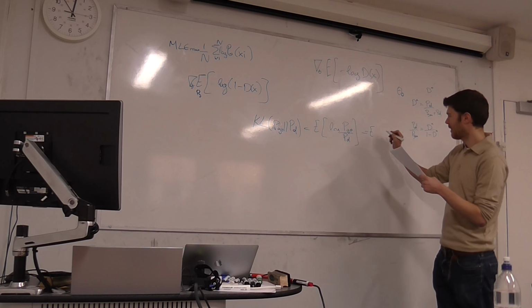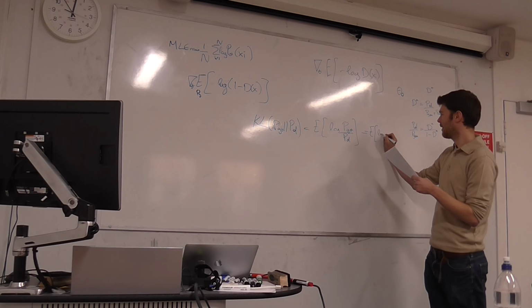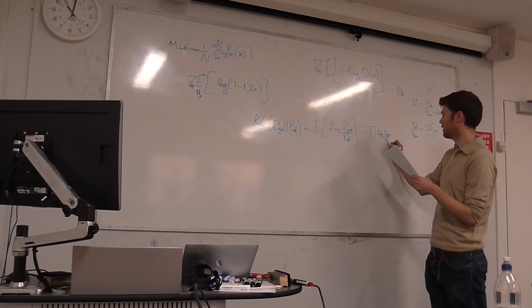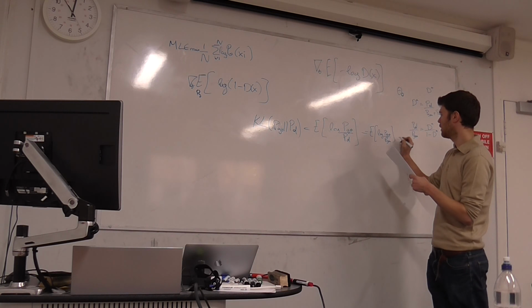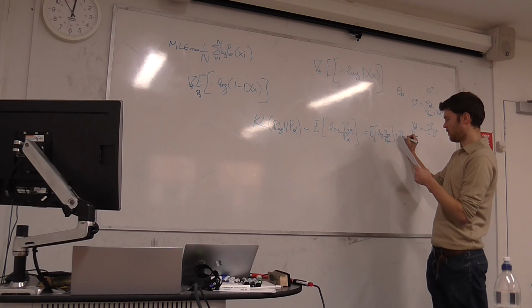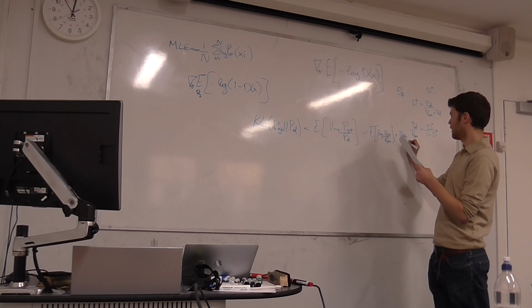So that ends up being log PG theta over PG theta 0, plus log PG theta 0 over PD.